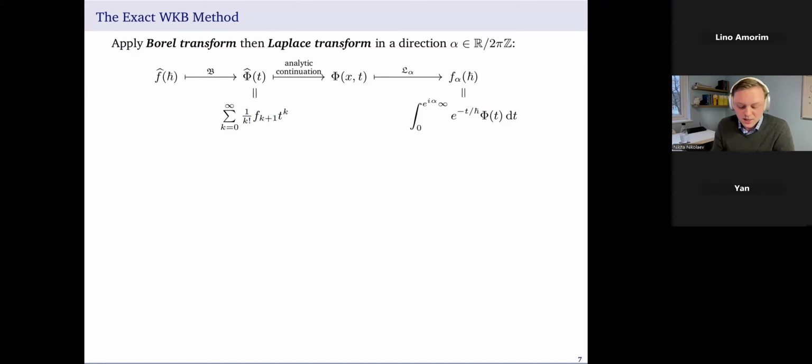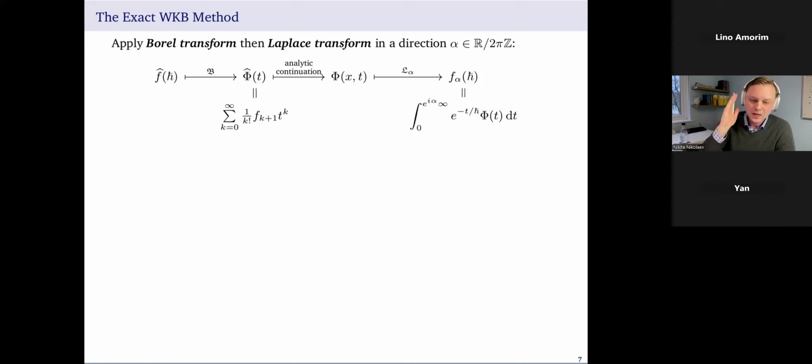So the next step is to take this power series, think of it as a holomorphic germ at the origin in the t plane, and construct an analytic evaluation of this power series in some direction. So let's say I picked some angle alpha, a ray that gives me an infinite ray in the t plane, and my goal is going to be to take this phi hat, this holomorphic germ, and apply the Laplace transform to it in the direction alpha.